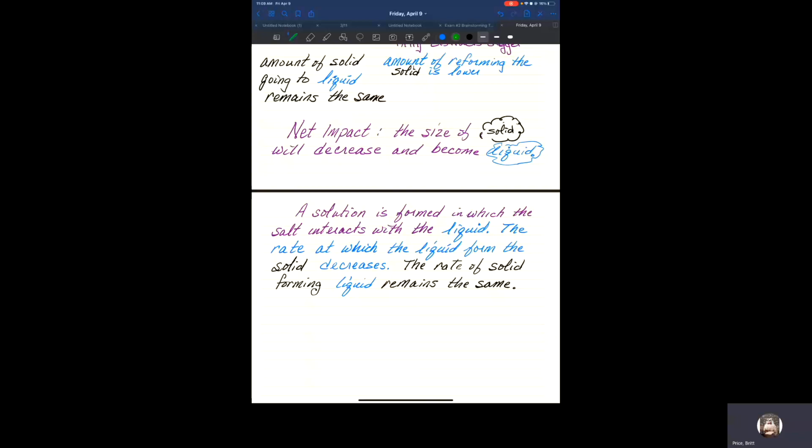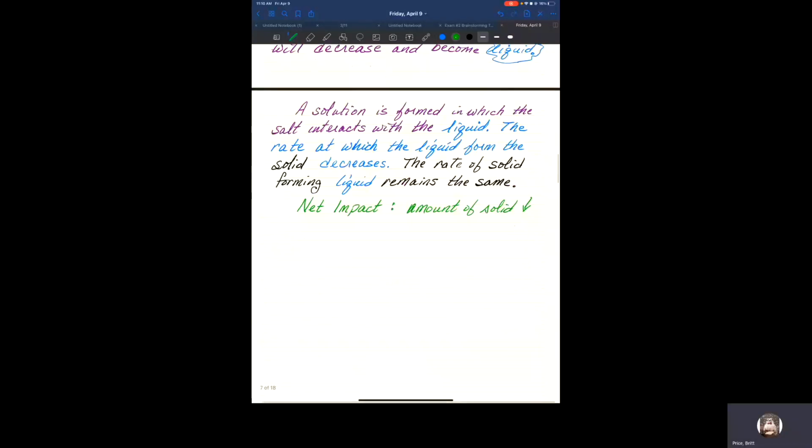Net impact. The amount of solid decreases.